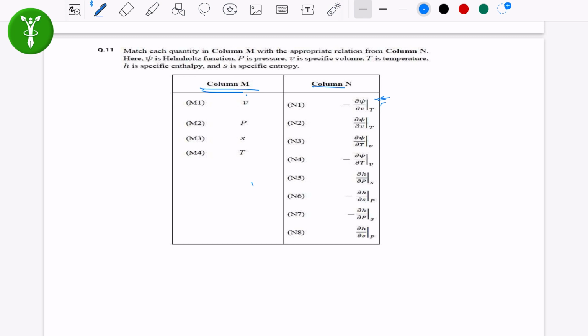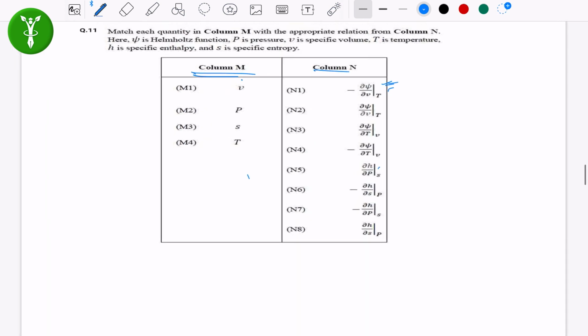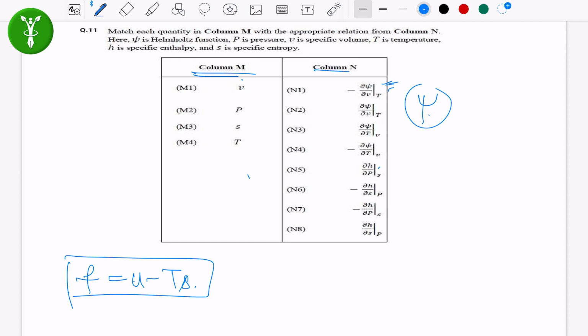The quantities used here are enthalpy and Helmholtz function. Firstly, what is the Helmholtz function? Here it has been denoted using psi. I am using f as the Helmholtz function. f is equal to u minus ts. This is the Helmholtz function, and h minus ts is the Gibbs function. So f is the Helmholtz function here.